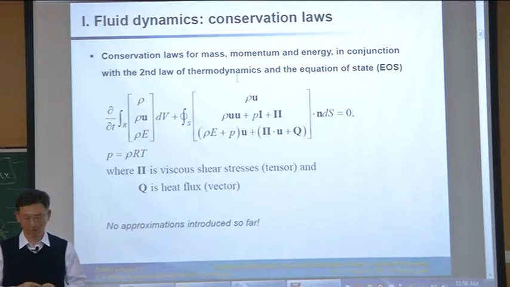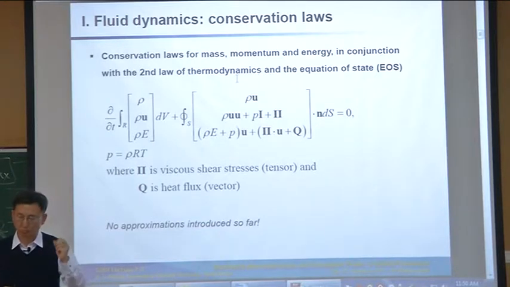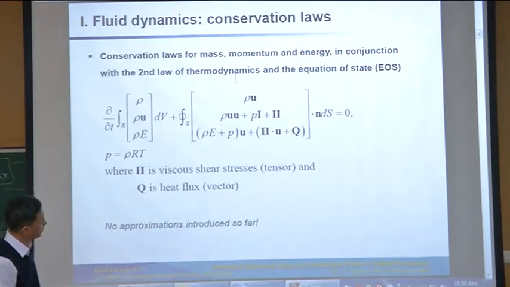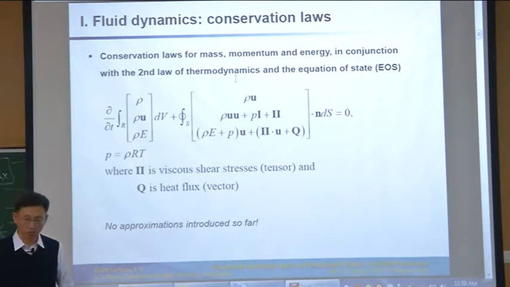No one will care about it, because in many cases they are not measurable. The viscous shear stress and heat flux are measurable. Measurable means it has some meaning. So in my lectures, I will use pi. This is the viscous shear stress tensor. The Q is the heat flux vector.